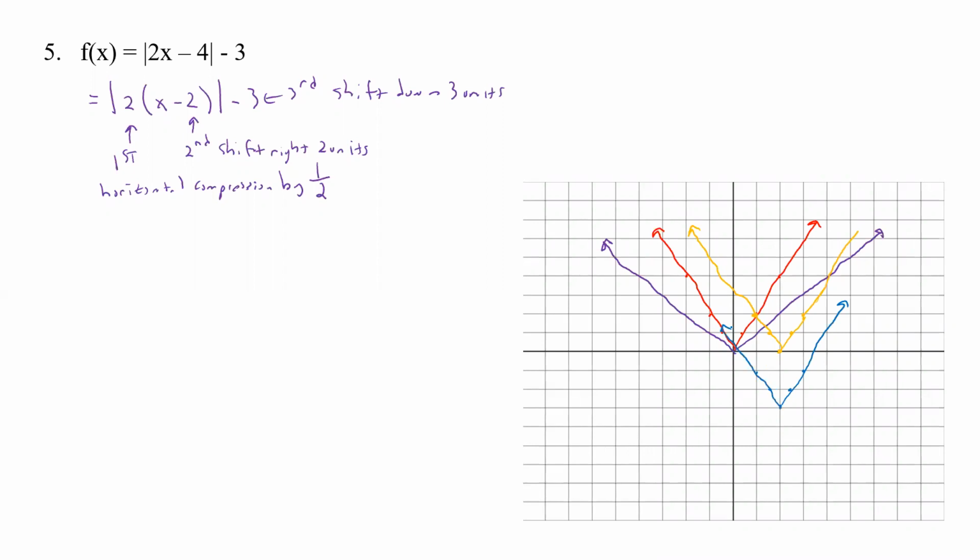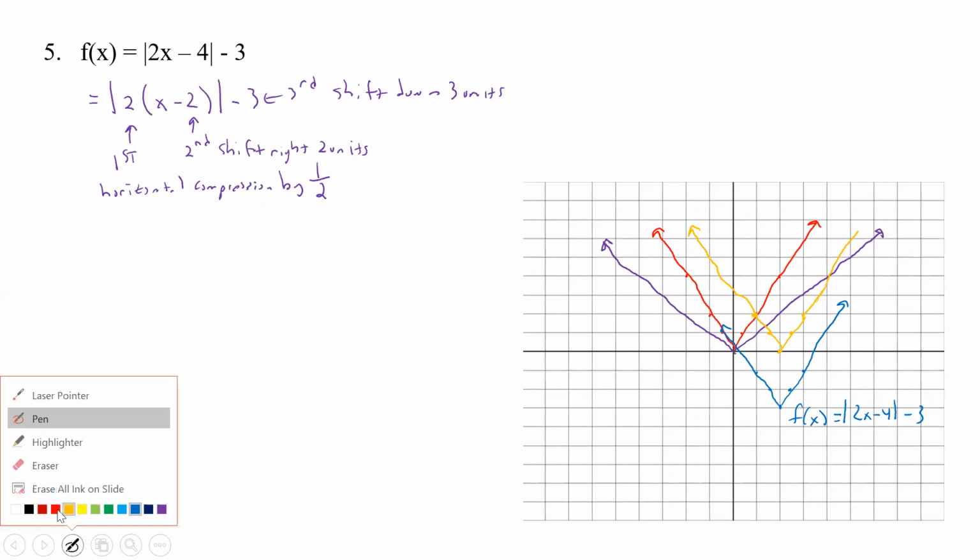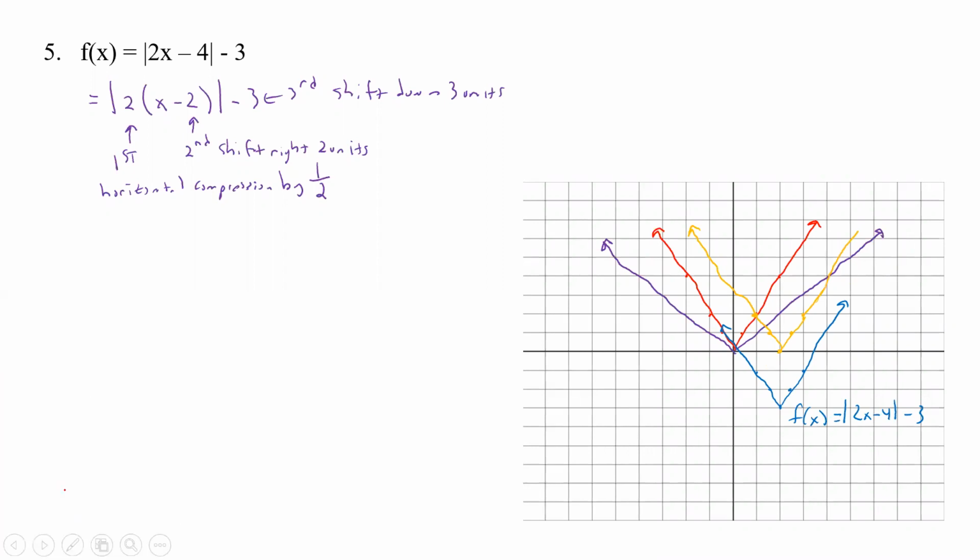All right, and so that's going to be our final one, where f of x equals absolute value of 2x minus 4 minus 3. And I forgot to write all the others on there, but they're going to be written on right now. So the red is going to be the compression, so that's f of x equals absolute value of 2x.